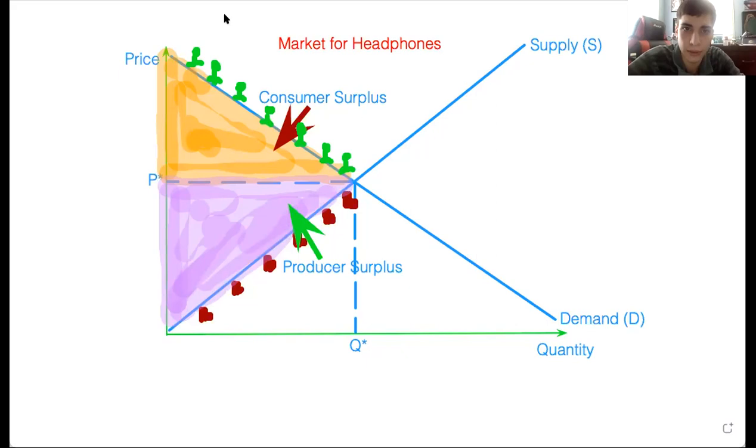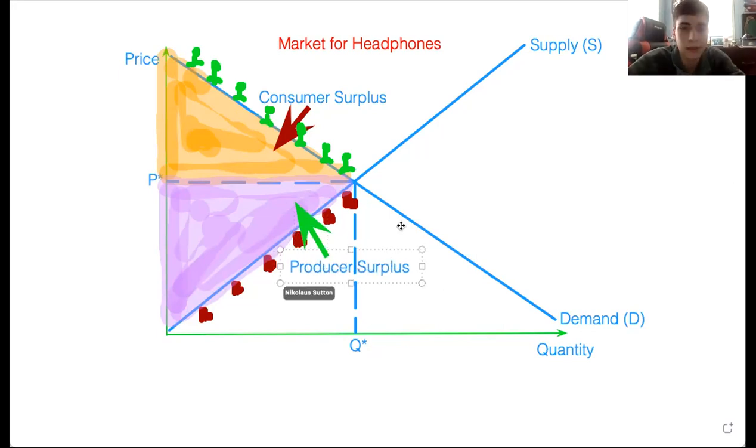So now I will move this over a little bit, so that you guys can see producer surplus. I will make a text box that says total surplus. Now I'll probably change the color.